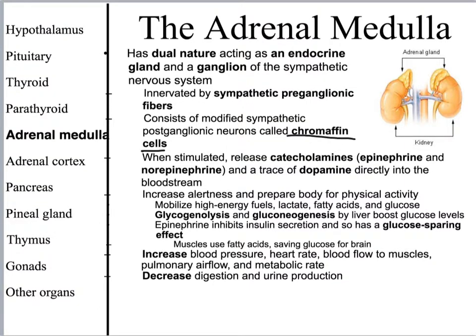Once it diffuses into that capillary bed and gets into the bloodstream, it becomes a hormone. And the neurotransmitter used by the sympathetic nervous system postganglionic neurons, those are adrenergic neurons, is adrenaline or epinephrine or norepinephrine.